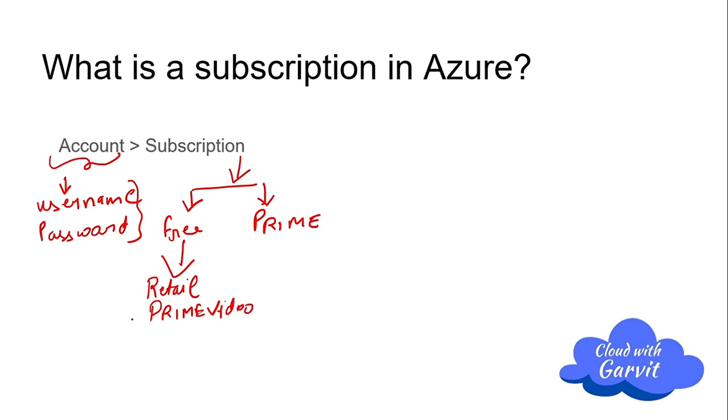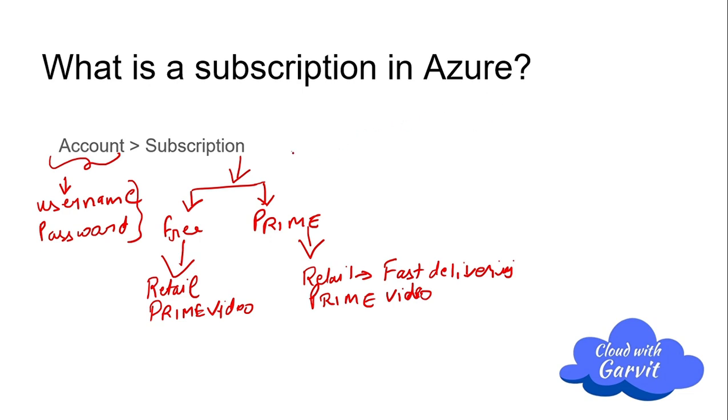But the access is limited to only a couple of videos, whereas somebody who has paid Amazon for their services gets further expansion of those services, like the orders which you are placing on the retail app are eligible for fast deliveries, right? And in addition to that, if somebody is using Prime Video on Amazon, they have a broader access to the video library that they have on their application.